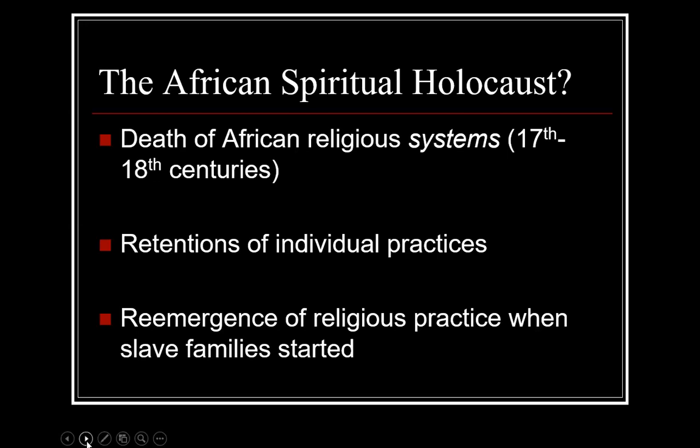So toward the end of the 18th century, before the end of the international slave trade, there was more of an emphasis on an equal sex ratio, men and women, so that they did develop slave families, right?